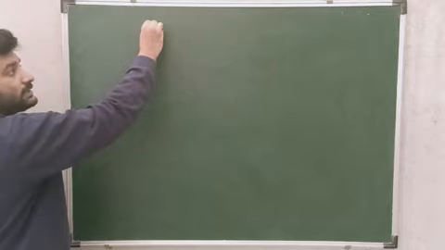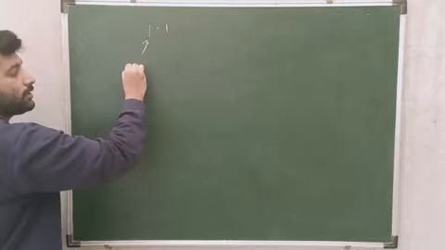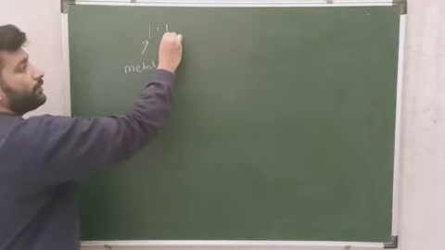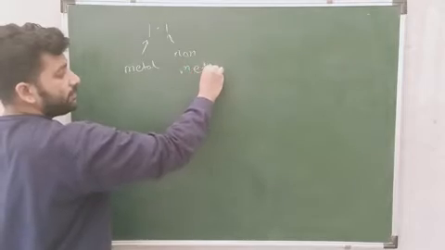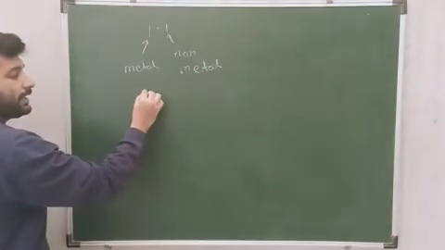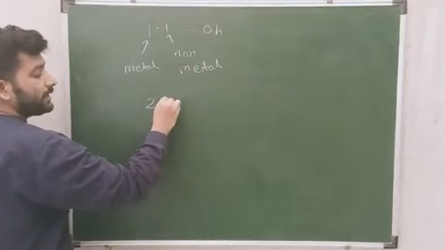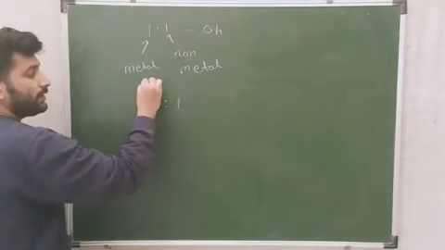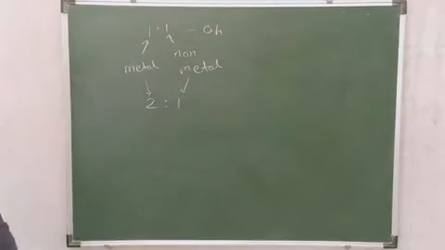For octahedral voids, it is a 1:1 ratio, where 1 is for metal and 1 is for non-metal. As you see the example, you will understand it more clearly. For tetrahedral voids, the ratio is 2:1, where 2 is for metals and 1 is for non-metals.